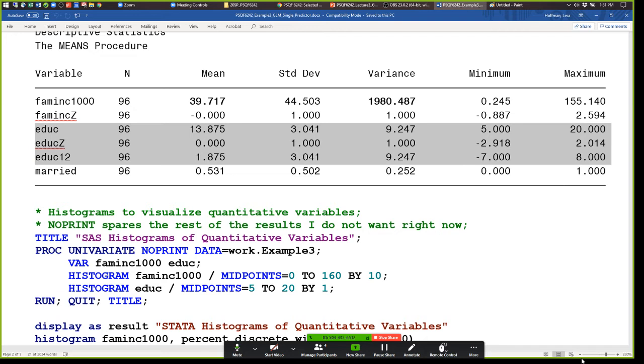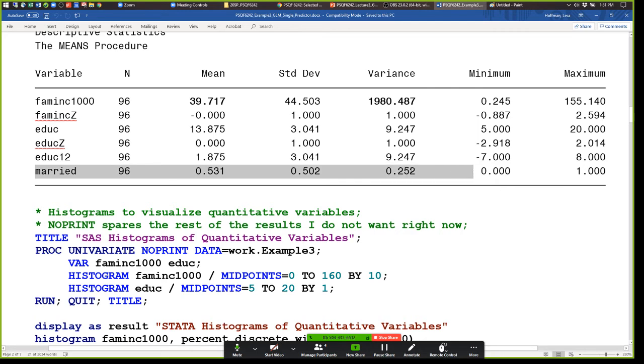So the means, 13.8 and 1.8, are off by exactly 12, as expected. Standard deviation? Same. Variance? Stays the same. So, in other words, I've just taken the whole thing and shifted it. I haven't stretched it or otherwise distorted it. It's just centered, exactly. Centered so that 0 means 12 years.